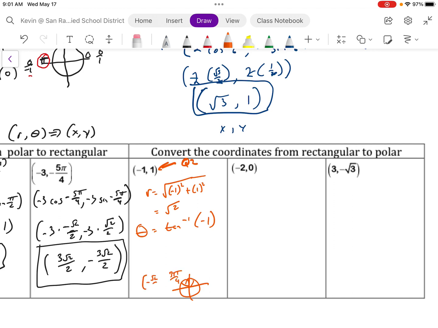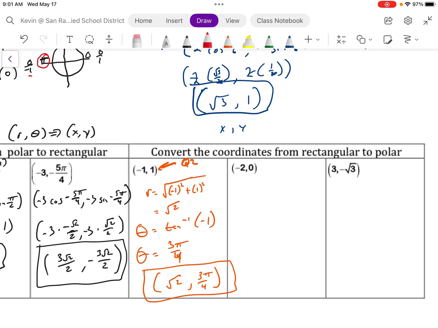That's where we have -root 2 over 2 and root 2 over 2, and the tangent, y over x, would give us a -1. So theta equals 3 pi over 4. Our polar coordinate would be root 2, that's our r, and 3 pi over 4 is our directed angle.